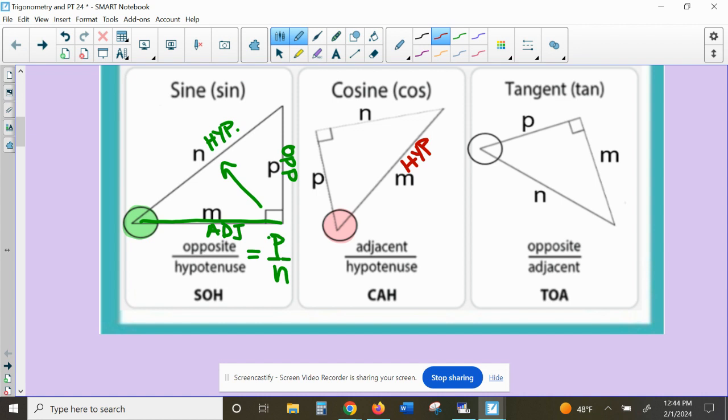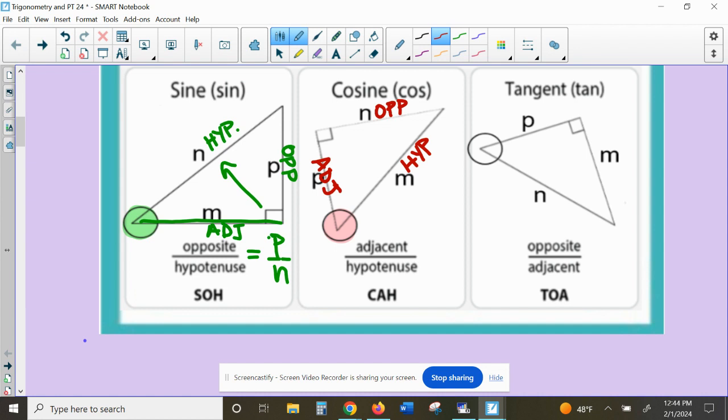Who is opposite of my pink circle? N. Then who has to be adjacent? P. So this is my adjacent. So remember, your hypotenuse is always opposite the right angle, but then the opposite and the adjacent depend on your angle.